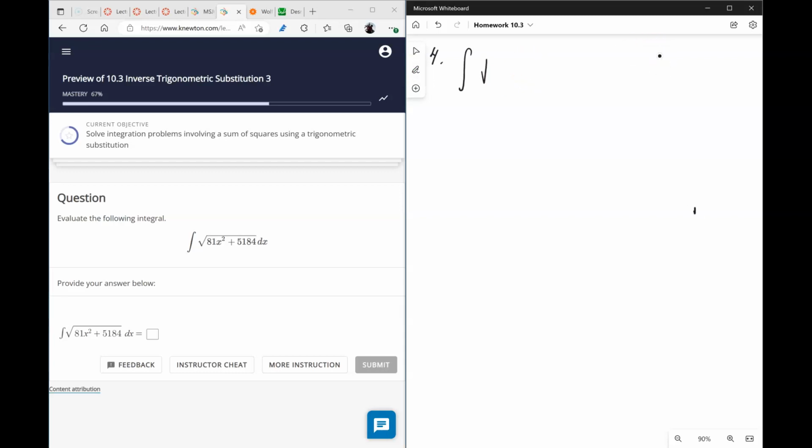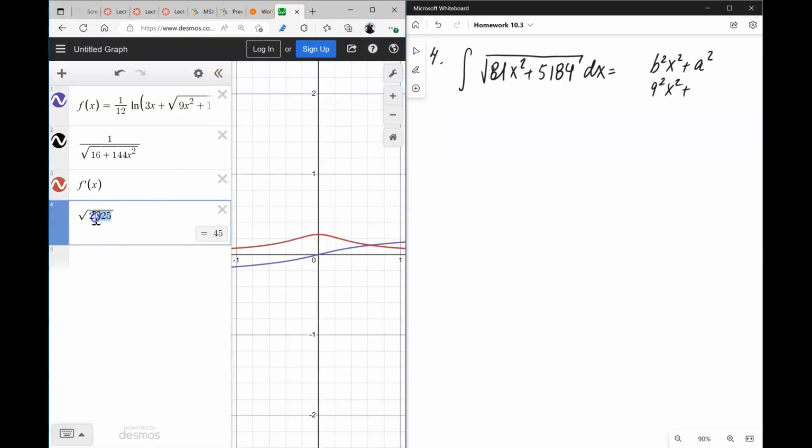I have integral square root of 81x squared plus 5184. And the pattern here again is if we have b squared x squared plus a squared, which is what we have, 5184, 72.